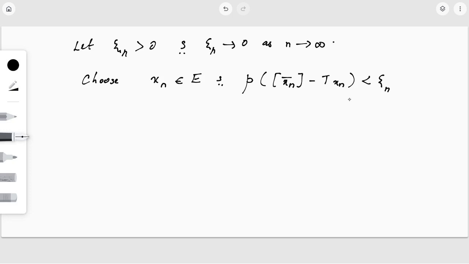Now we can do this. Why? Because we had shown just before that the image of T is always dense in E cap.